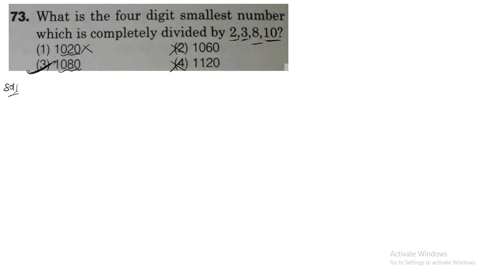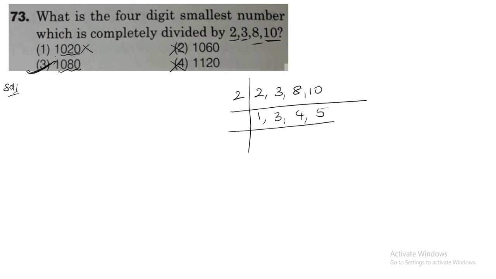Suppose if you want to do it by procedure, then directly take the LCM of these 4 numbers. In the 2 table, 1 time, 3 times, 4 times, 5 times; again in the 2 table, 1, 3, 2, 5.